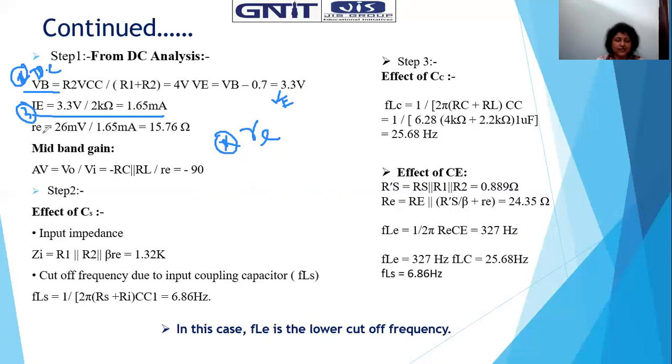Whenever we get RE, we have all those expressions. That is the lower cutoff frequency 1 by 2 pi (RS plus Ri). Here RE is involved in Ri. Beta, we are putting the value of beta 100. So we will get the cutoff frequency with respect to CS, with respect to CC, with respect to CE. Now, once we have all those three parameters, among these three, whichever is the highest one will be regarded as the cutoff frequency.